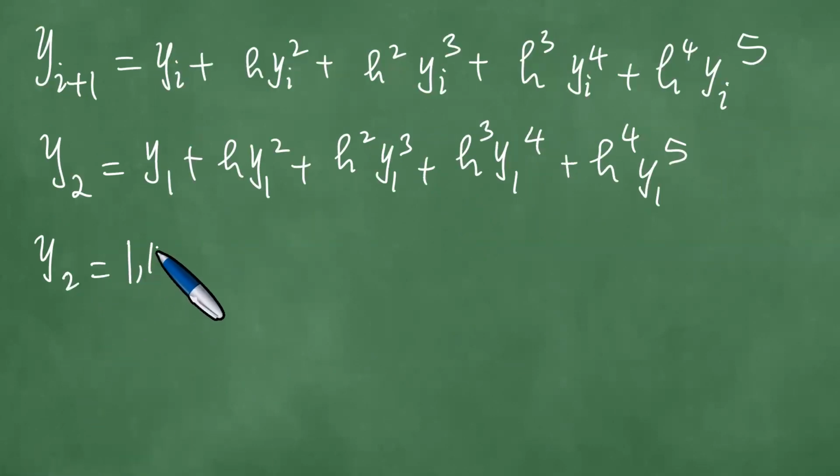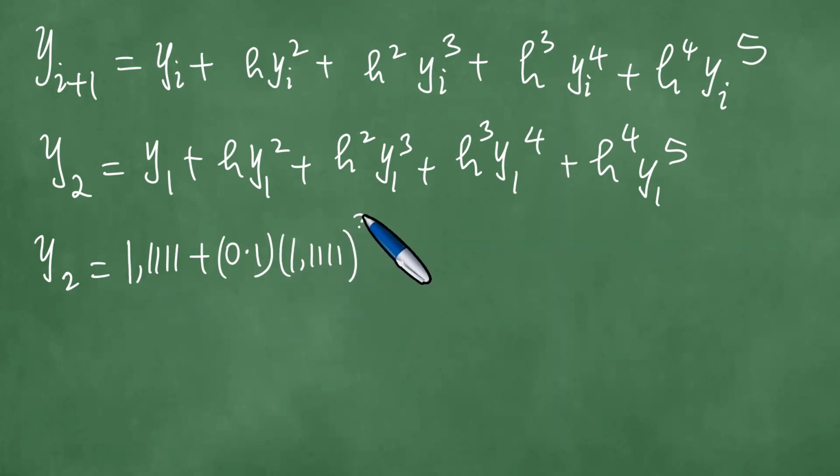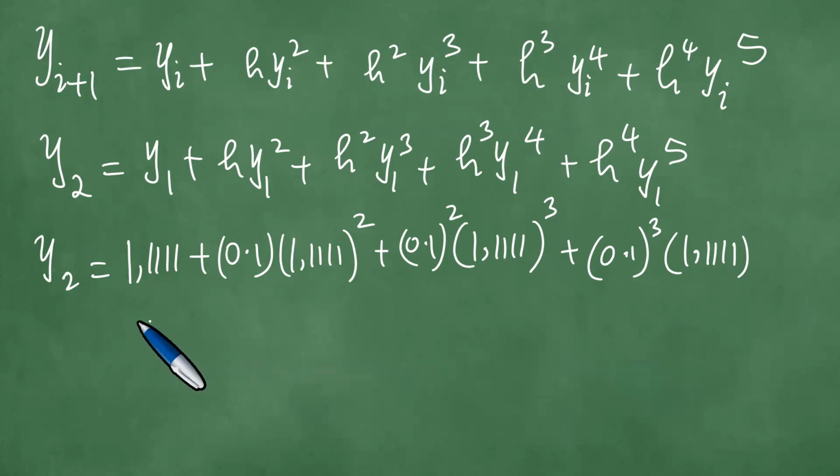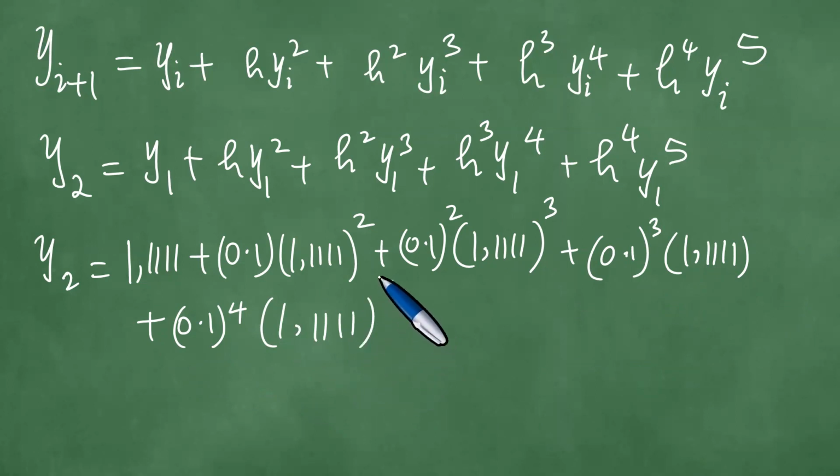So that's what we're going to plug in here. 1.1111 plus h, which is 0.1 for this problem, times 1.1111 squared, plus 0.1 squared times 1.1111 cubed, plus now we come to h cubed, which is 0.1 cubed, times 1.1111 to the fourth power, plus 0.1 to the fourth power times 1.1111 to the fifth power. And then now you have y2.